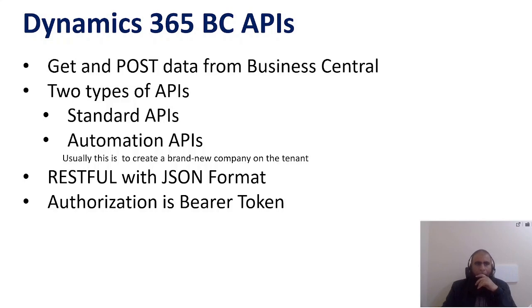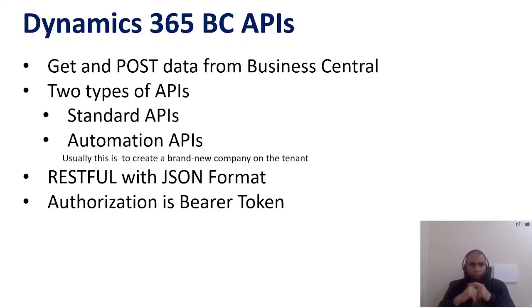Standard APIs are used when the company is already created in the Business Central environment, but automation APIs are used only when the environment does not have any company and you want to create a brand new company. For that, standard APIs are not used, so we move to the automation APIs.